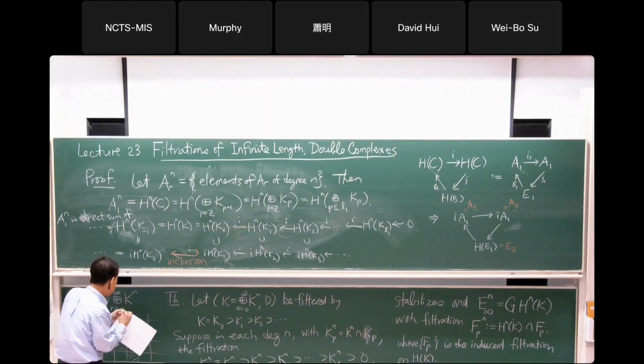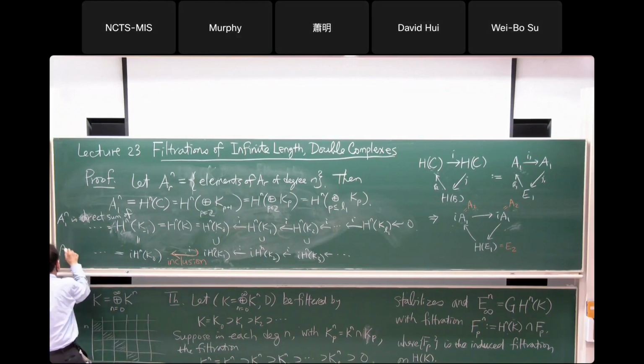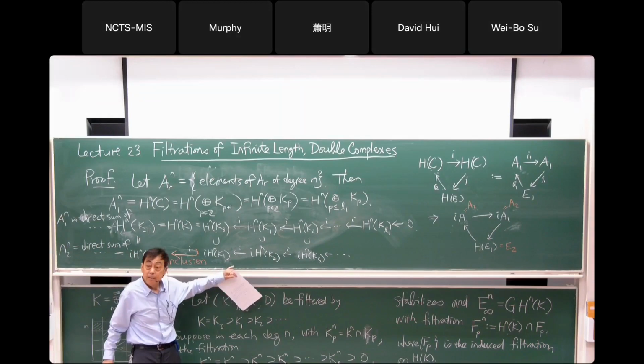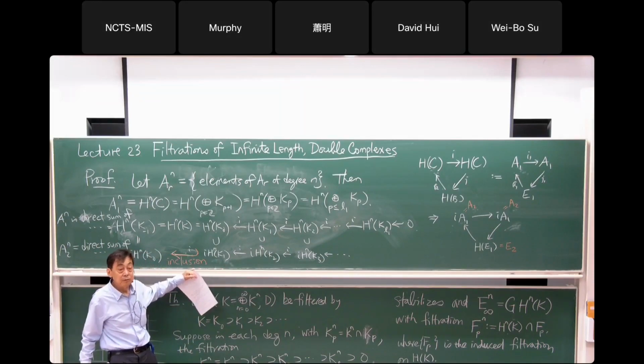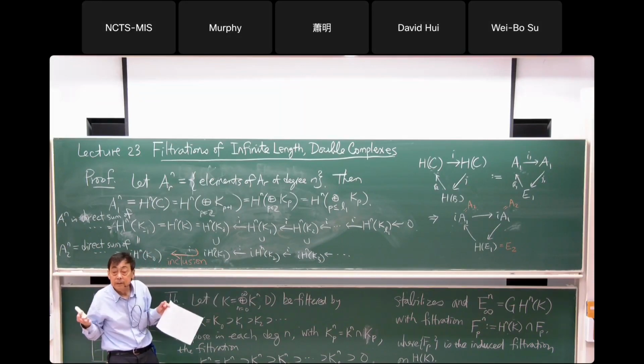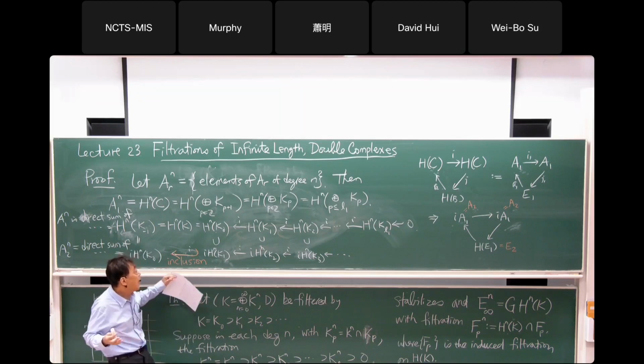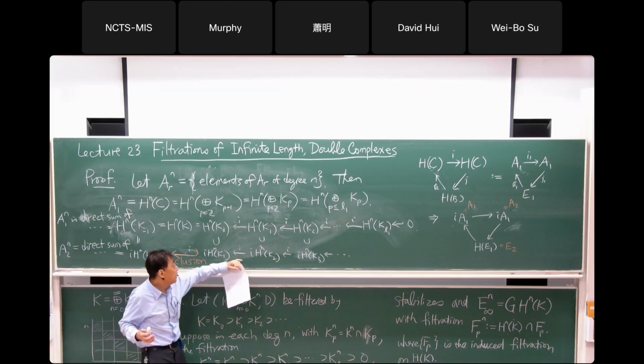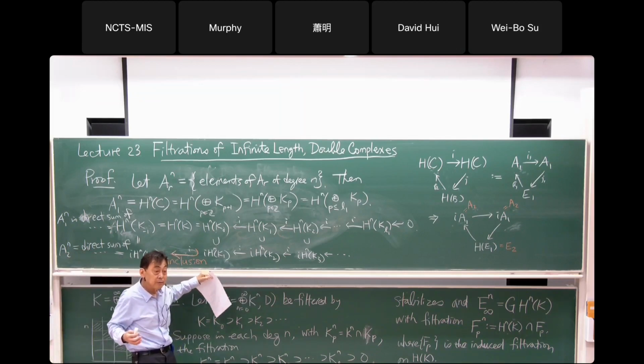So A2^n is the direct sum of all of these terms, but the first map becomes an inclusion. That's just like what we did last time. And if you look at A3, then the next map will become an inclusion.